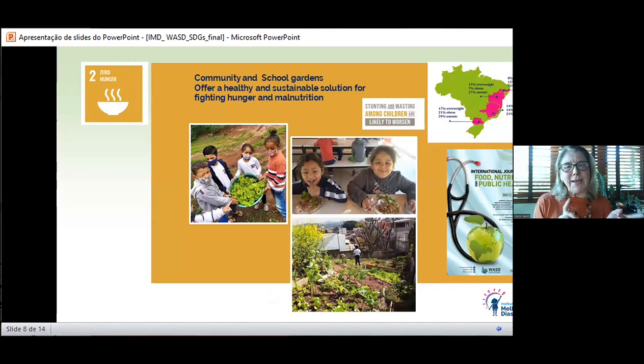It's pretty connected, zero hunger with no poverty, but what we have been doing is to build school gardens, because the problem of stunting and wasting among children is very big, and it really increased during the COVID-19 pandemic.